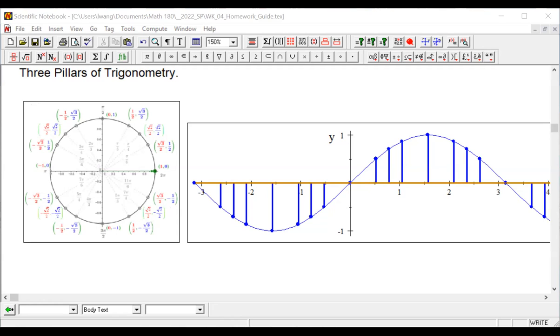For example, the first question, number 5, I have 1, 2, 3, 4, 5, 6, and I told you to find the values and compare, and to give the answer in rationalized denominator form.